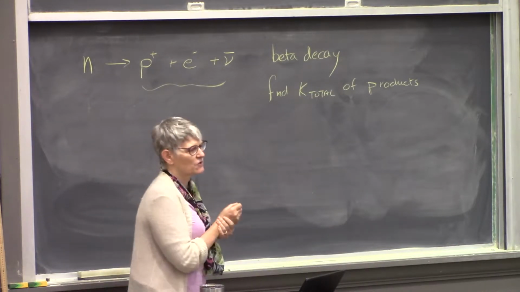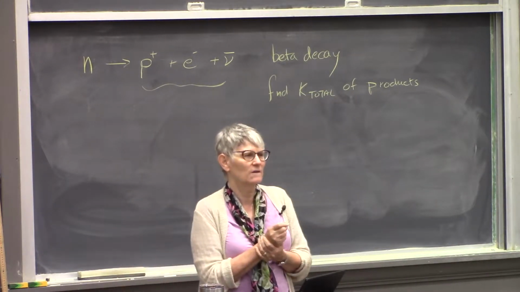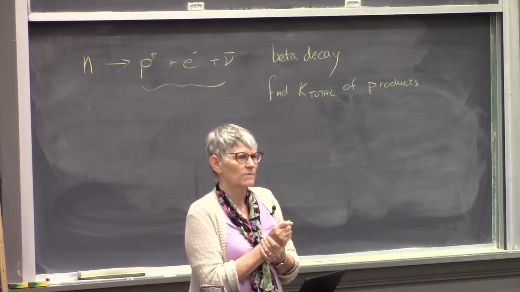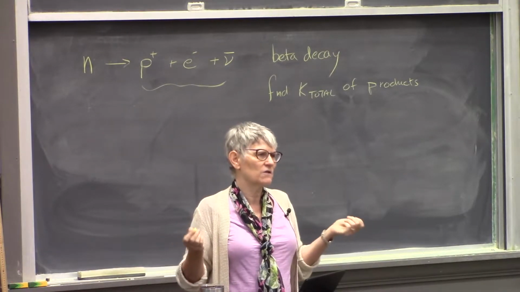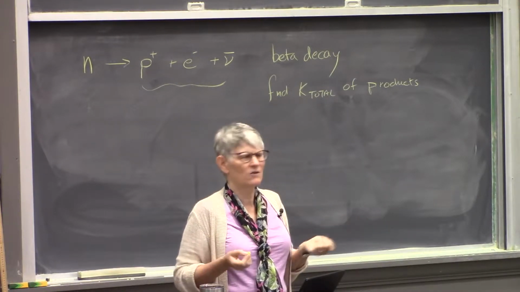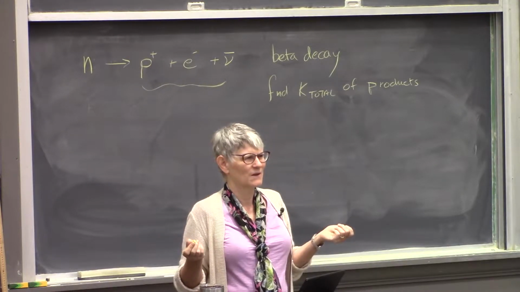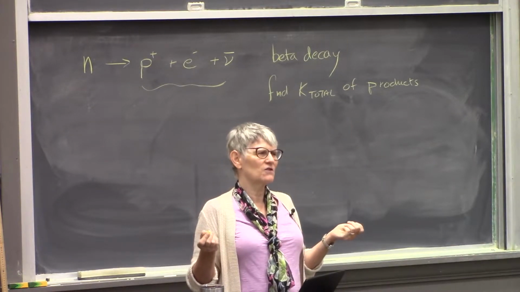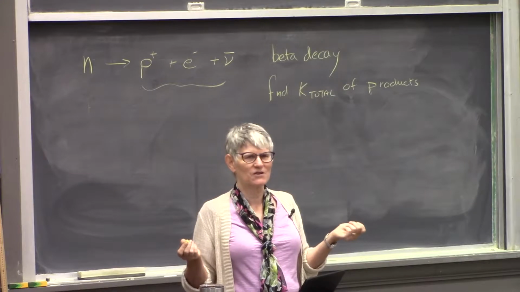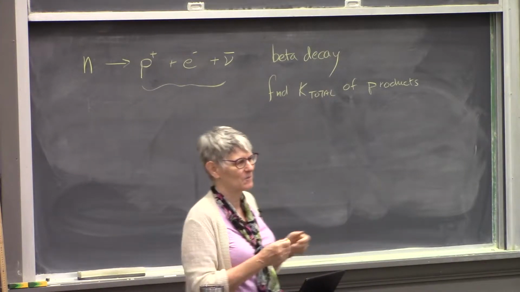So what do we choose as the system here? Clearly the neutron is our system to start with, but then there isn't a neutron anymore. So what we'll choose as the system is all particles that exist at this moment. Okay?